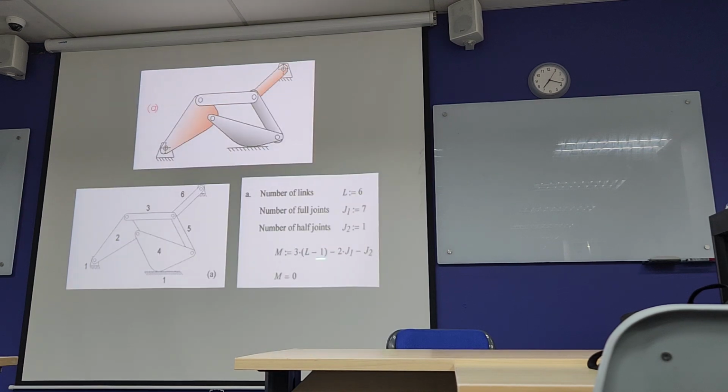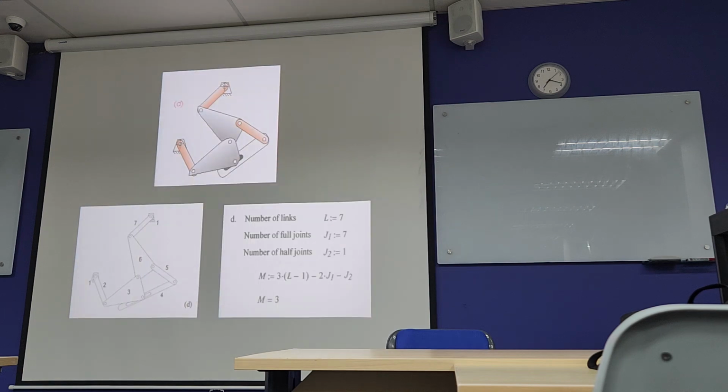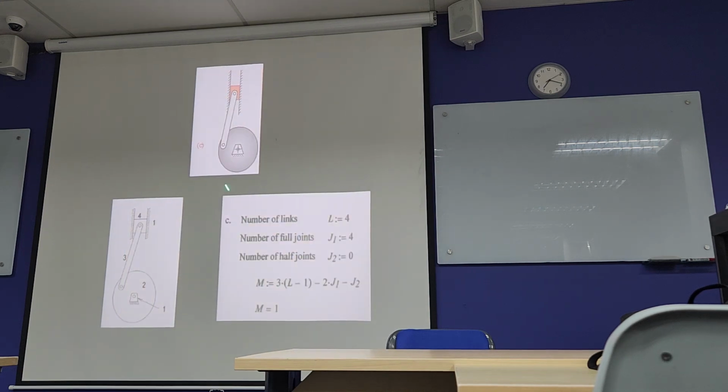So here, the degree of freedom is 0. In this case, the number of links: the piston, the slider is a link. So you have this is link 2, the disc is a link, then the ground link.